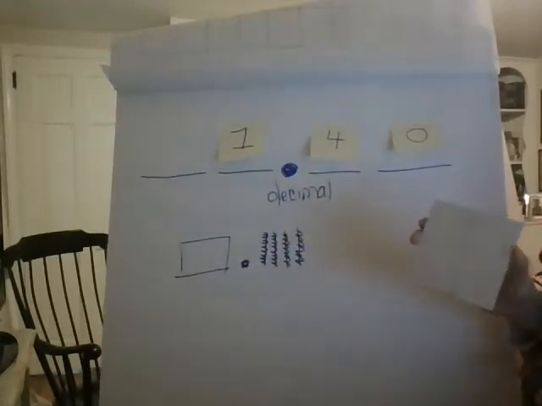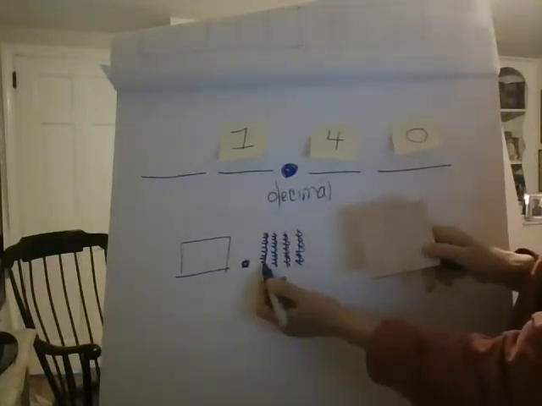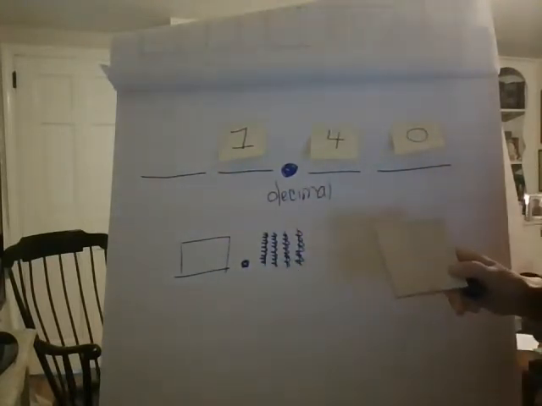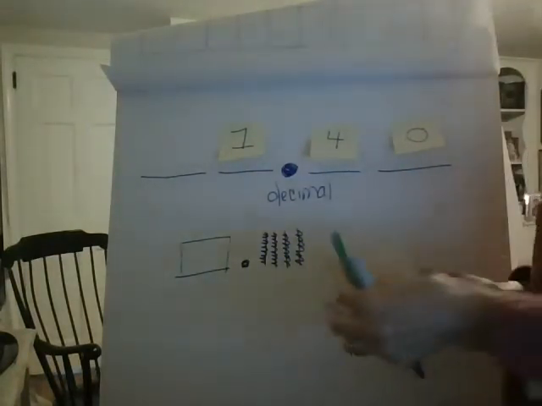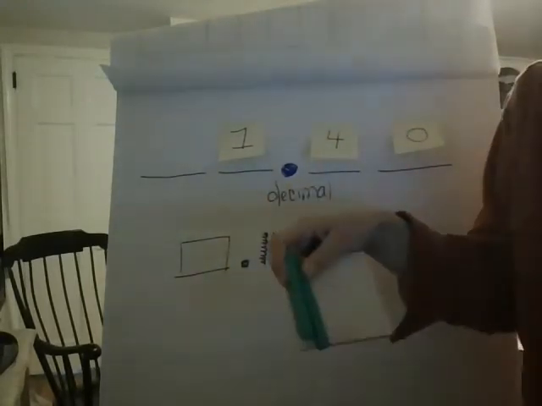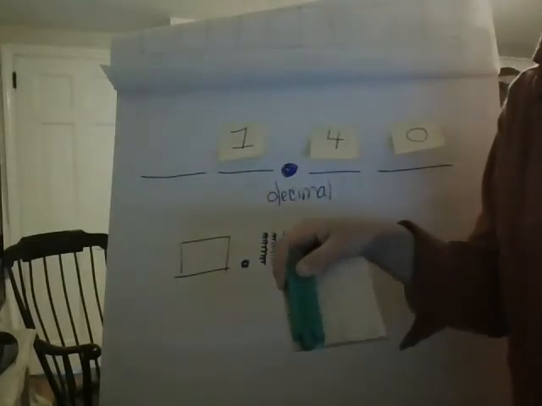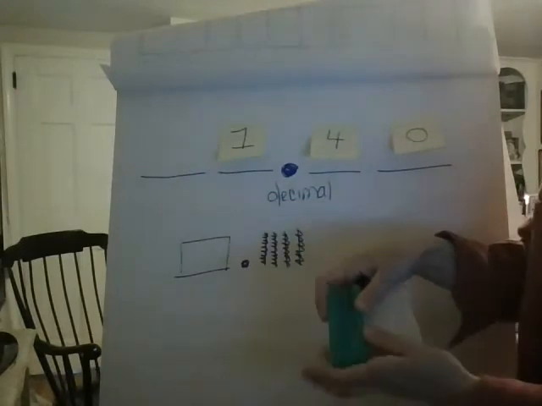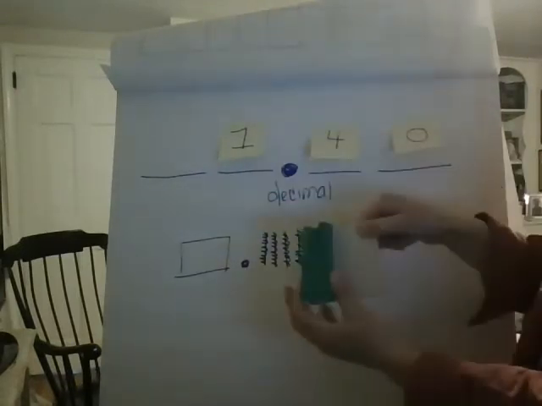Alanis, I'm sure you know the answer. It's 10 tens. So this is going to represent 1, 2, 3, 4. 4 tenths are part of this whole.